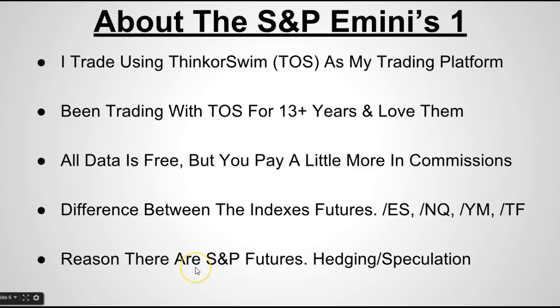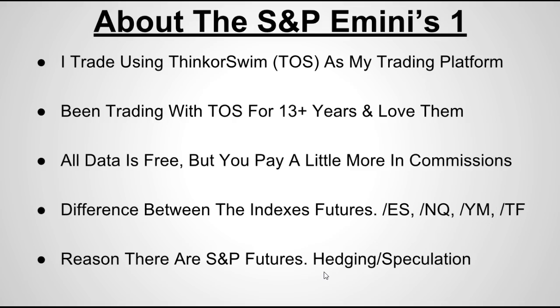Reasons there are S&P E-mini futures. Well, there are E-mini futures for a couple reasons. Number one is for hedging, and number two is for speculation. Who would hedge? Well, anybody who has maybe a long stock portfolio where you have a bunch of stock, but you think the market's going to roll over, but you don't want to sell all that stock. Well, you could go out and maybe short a couple E-mini futures to give you short exposure.